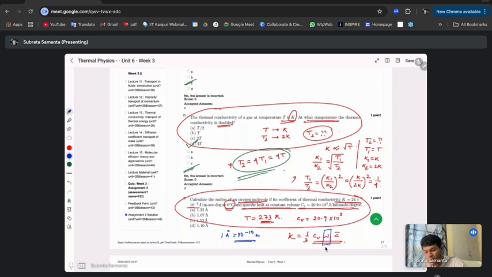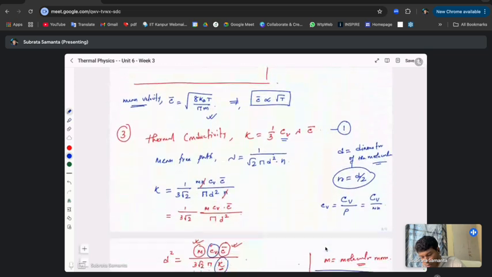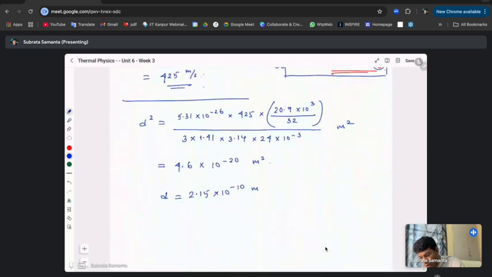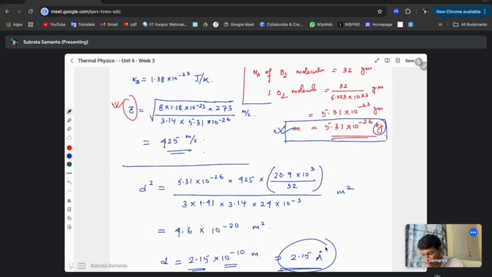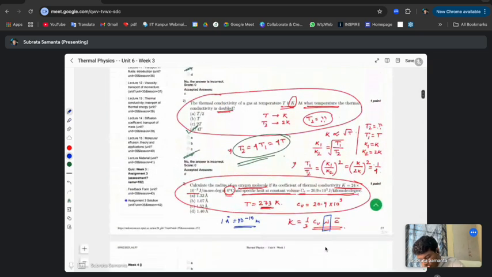So here I got 2.15 times 10 to the power minus 10 meter. So that means 2.15 angstrom, right? So let's see if this is in the options or not. 2.15 angstrom. So there are no options, right? So where is the mistake?